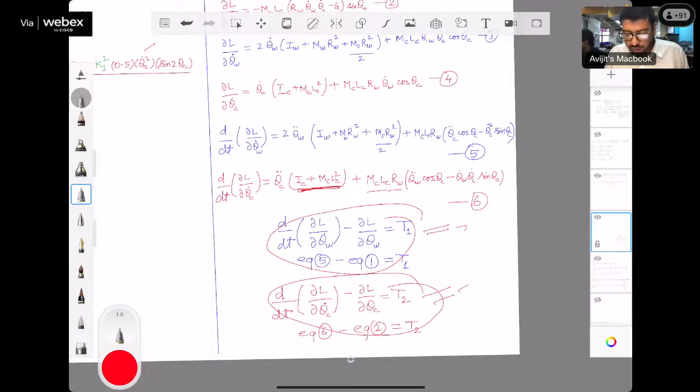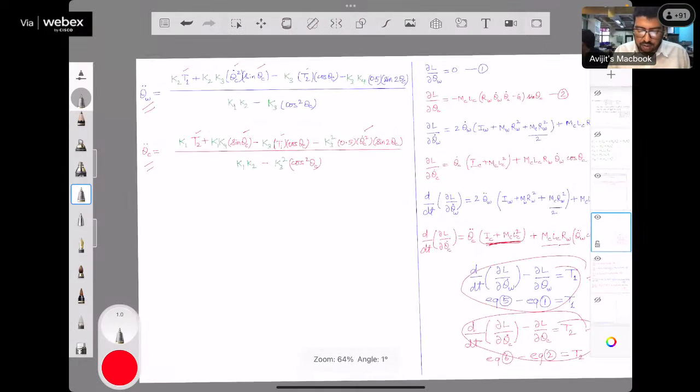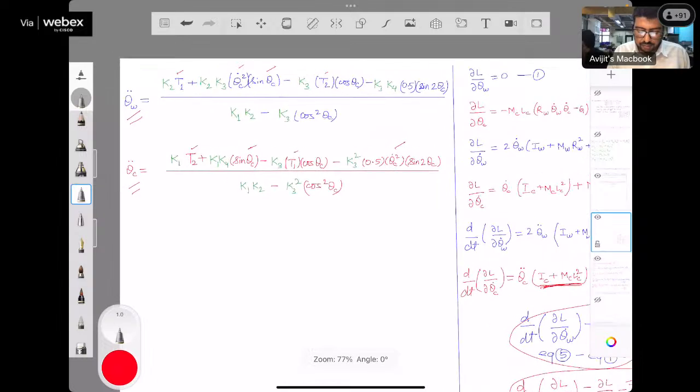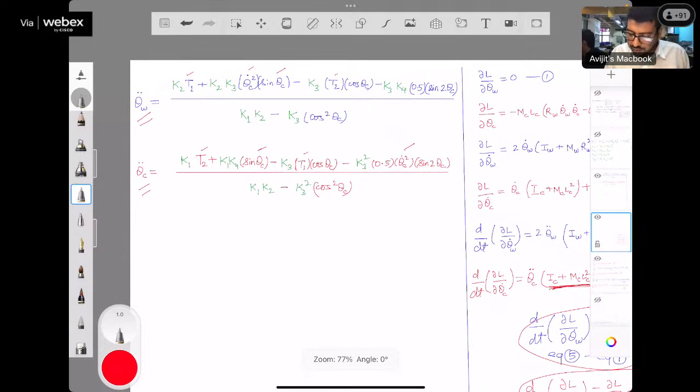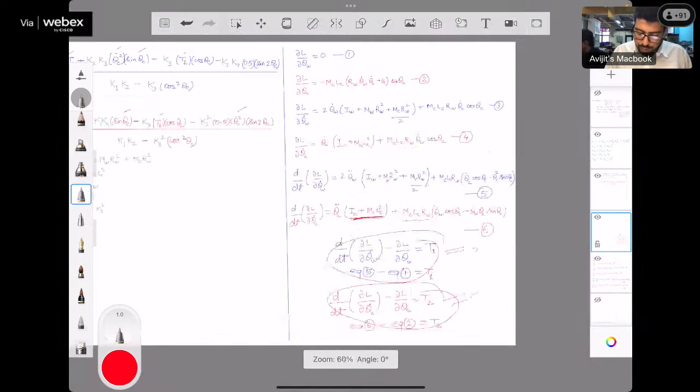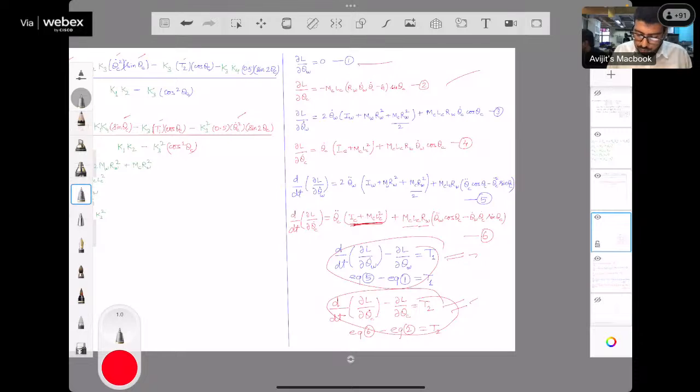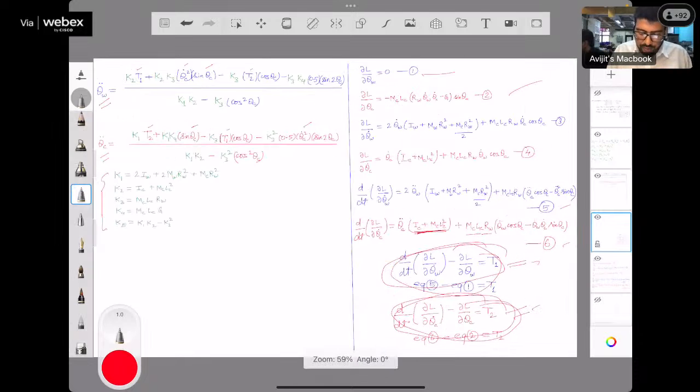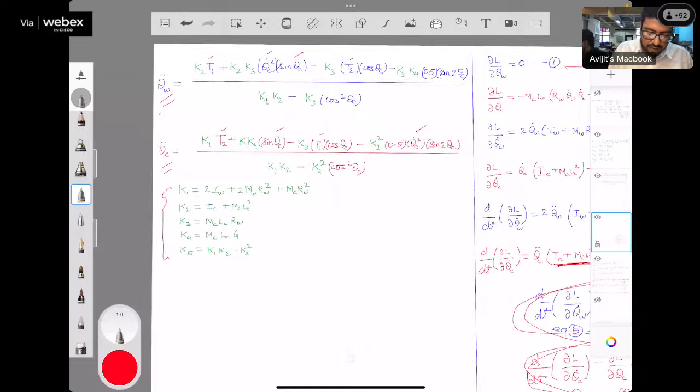So we have grouped certain constants into different groups and created new constants called K1, K2, K3, K4. If you are enthusiastic about playing with math, feel free to put equations number 1, 2, 5 and 6 into these two equations and try to derive these new equations.